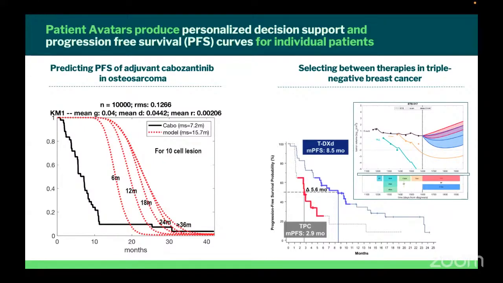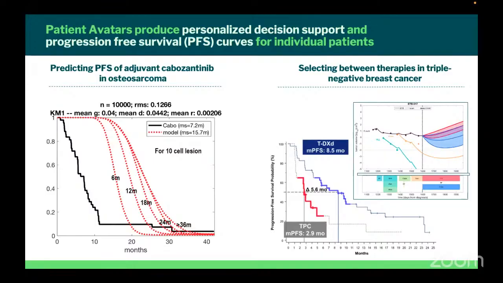So we took the published trial data along with our retrospective data on osteosarcoma, built out that virtual patient cohort, reproduced the trial in the non-resectable case, and then redid the trial for this patient in the case where they had resectable and much smaller disease, using assumptions about upper limits of disease and so forth, and produced the red curves, which are the patient-specific predictions for how long we would expect them to be on cabozantinib without progression. And each line is how long they would stay on the cabozantinib.